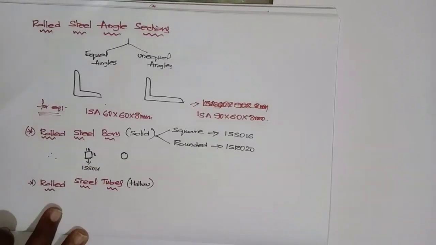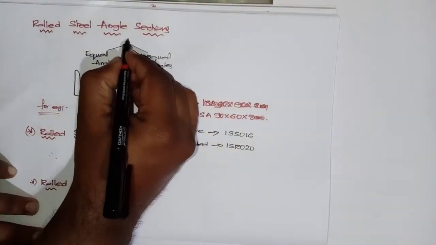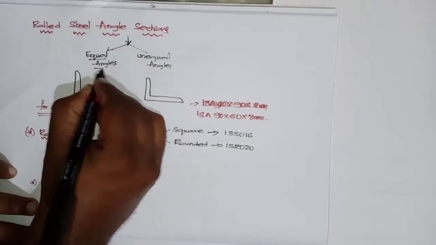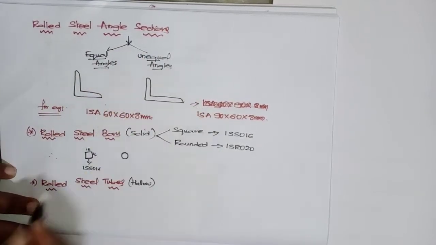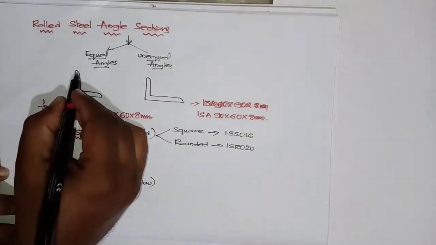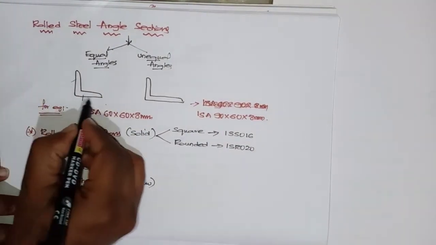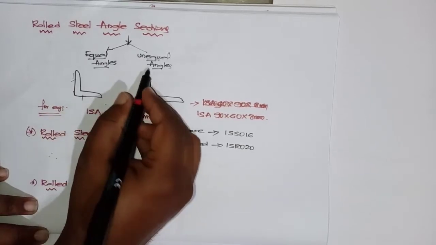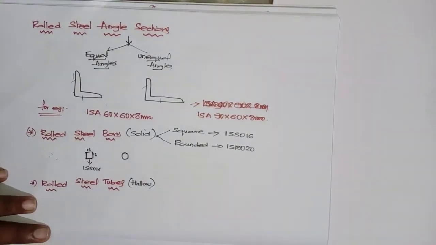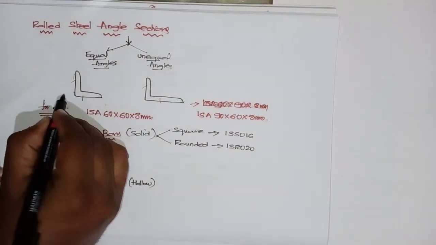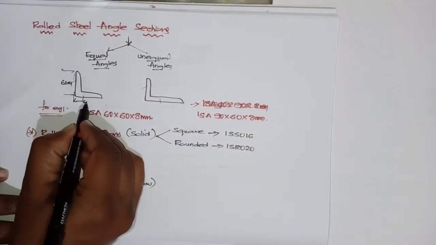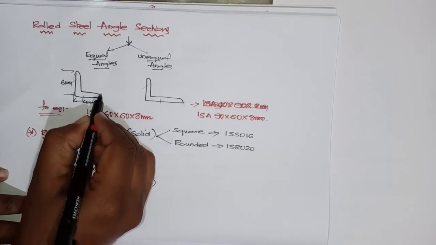Okay, so here the angle sections are designated as equal angle sections and unequal angle sections. If I go for an equal angle, both legs will be of the same size. If it is not so, we call it an unequal angle section. So this is a leg length of 60 mm, for example, and this is 8 mm thick.